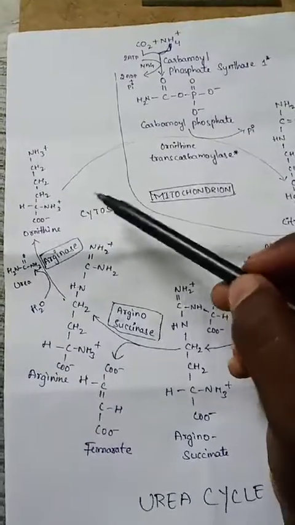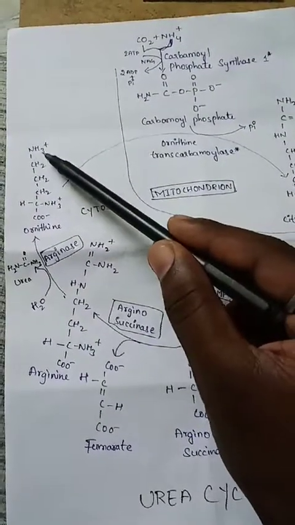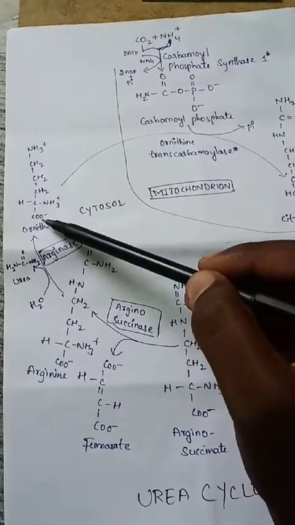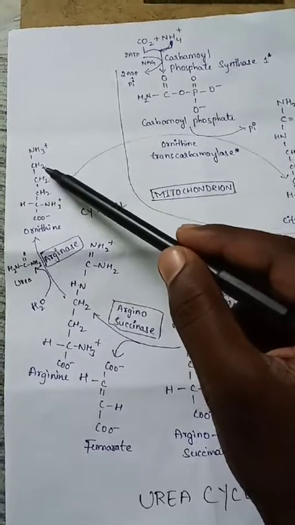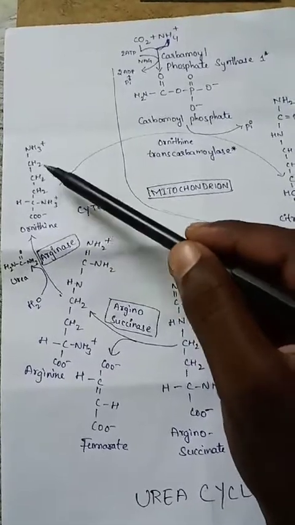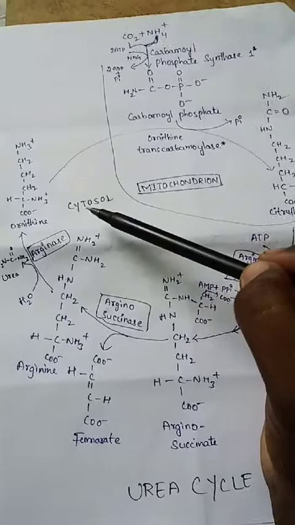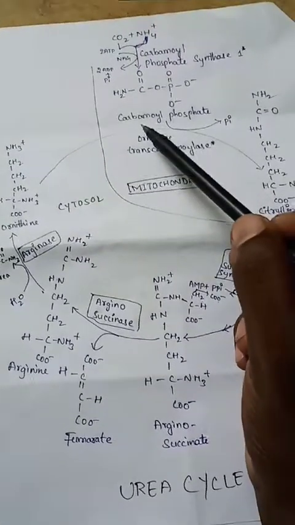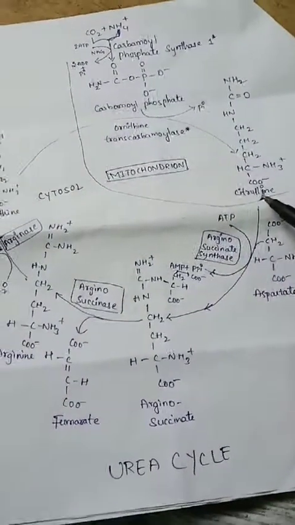Ornithine contains two amino groups, one carboxylic group, and a 1, 2, 3, 4, 5 carbon chain. This five-carbon compound with two amino groups and one carboxylic group is known as ornithine. The ornithine present in the cytosol enters the mitochondria and combines with carbamyl phosphate to form citrulline.